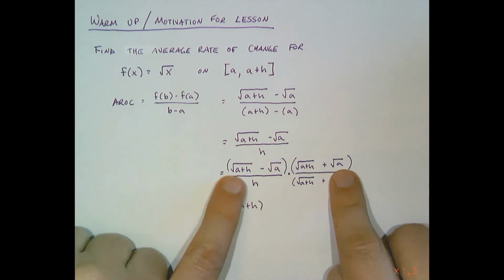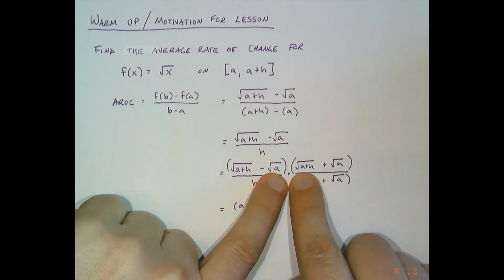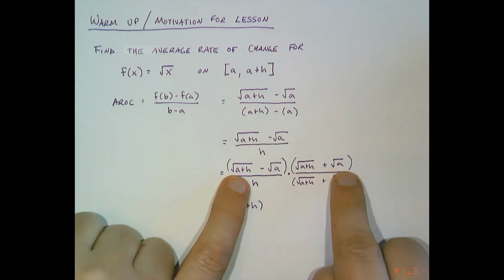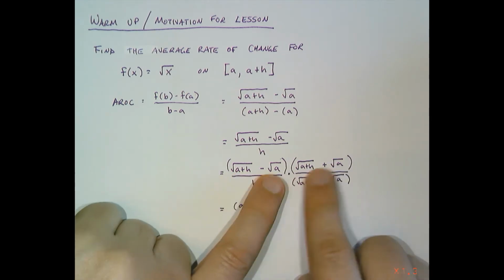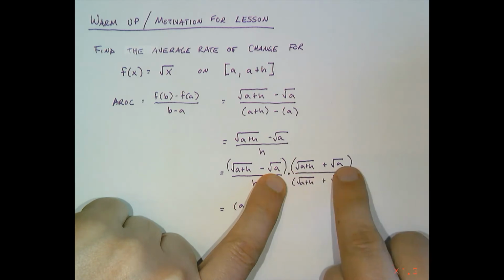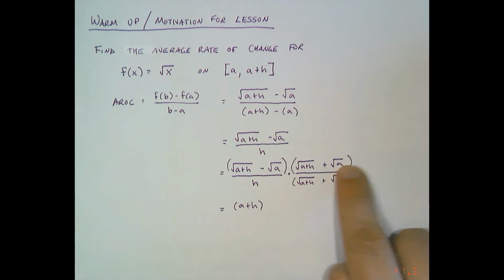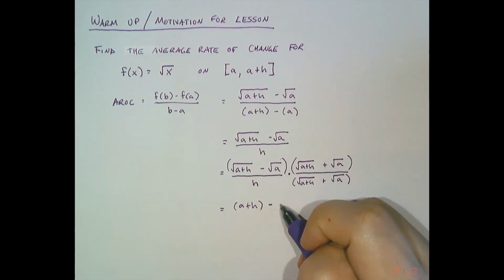My outer terms multiply and cancel with my inner terms. So these two multiplied is a positive version of these two multiplied, so they cancel out, and then we're left with negative root a times positive root a is negative a.